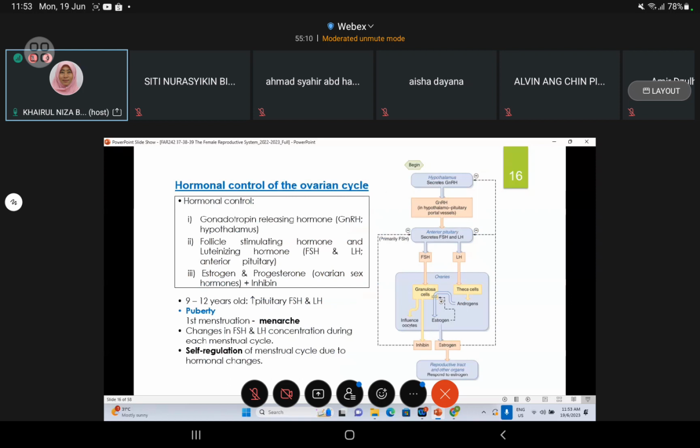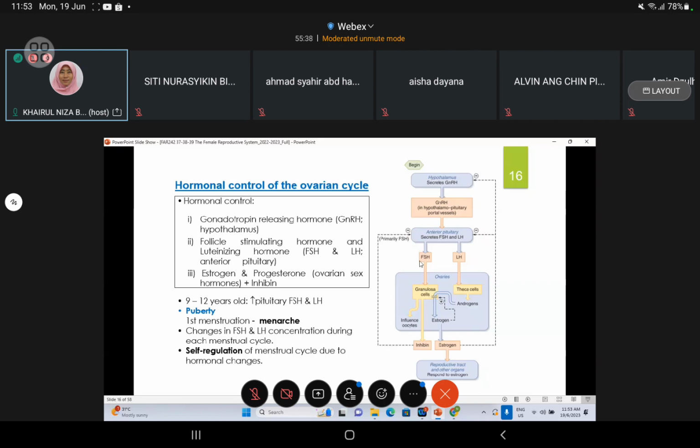So how is the ovarian cycle being controlled hormonally? It involves the hypothalamus, which releases GnRH into the hypothalamo-pituitary portal vessels, and upon reaching the anterior pituitary, it induces the secretion of FSH and LH.